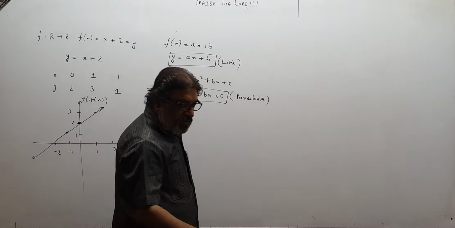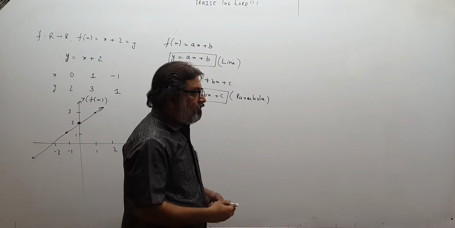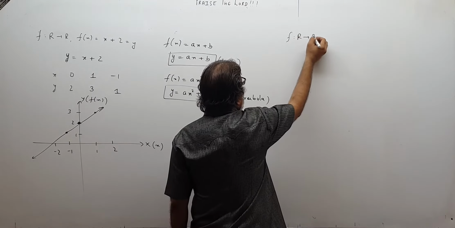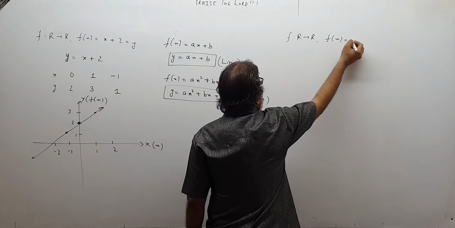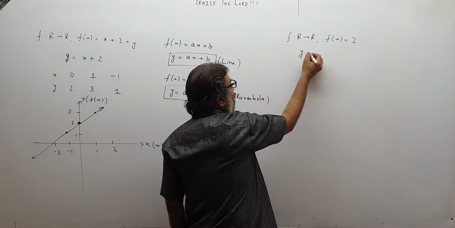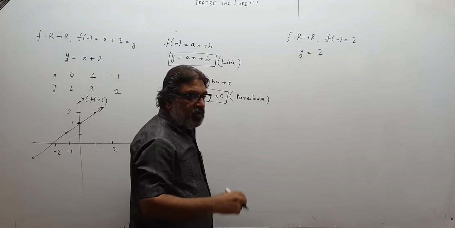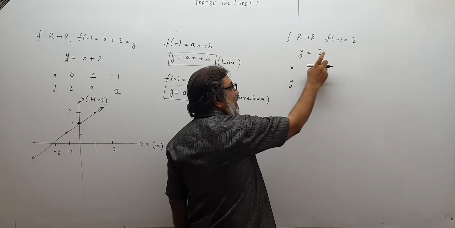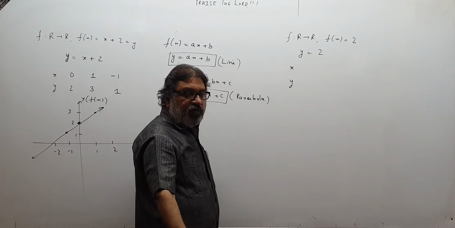Okay. Then there are a few more which you have to understand. Supposing f is a function from R to R and f(x) is 2. So that means y equal to 2. Now for this equation, if we take values of x and y, x is not present over here in the formula.